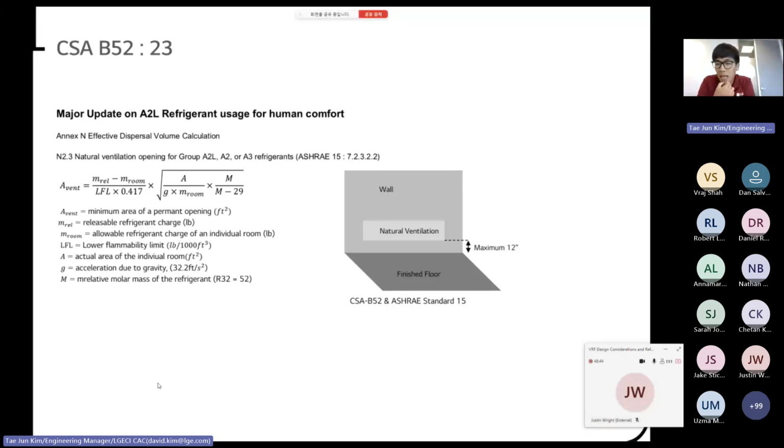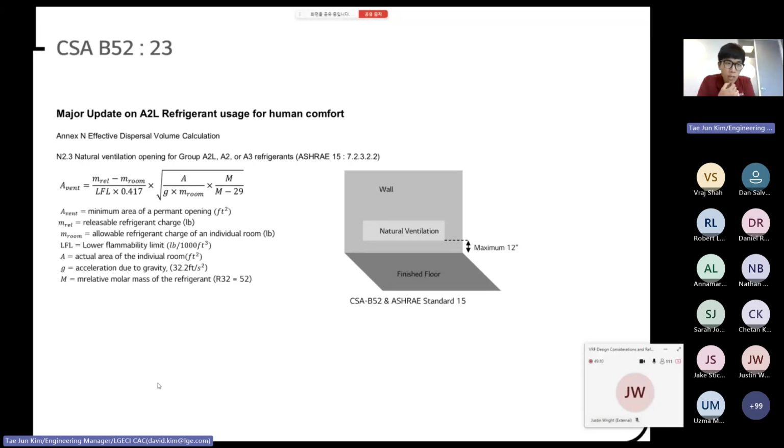Basically, you were able to get away with having a natural ventilation on top of the wall and consider that as natural ventilation. However, as you all know, the refrigerant is heavier than air, and it will start to accumulate from the bottom. Having a natural ventilation up on the roof is not going to do anything. It's not going to connect that refrigerant accumulating from the bottom to the other side of the wall.